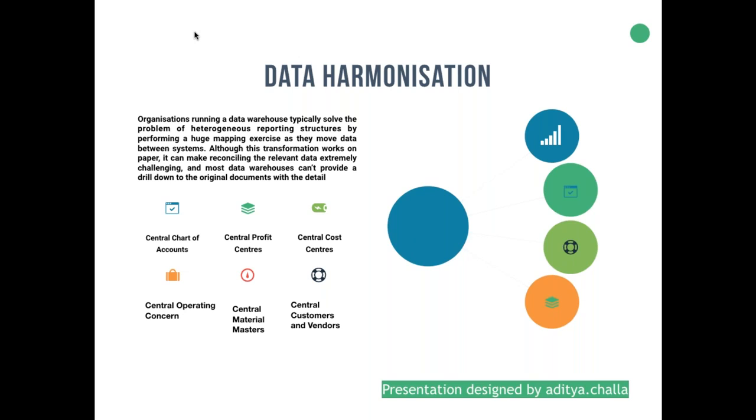That is the fundamental principle. If the fiscal year variant and the currency are the same, then you can create a central chart of accounts. Like that, you can create a central profit center, central cost centers, a central operating concern, as well as material master, customers and vendors.